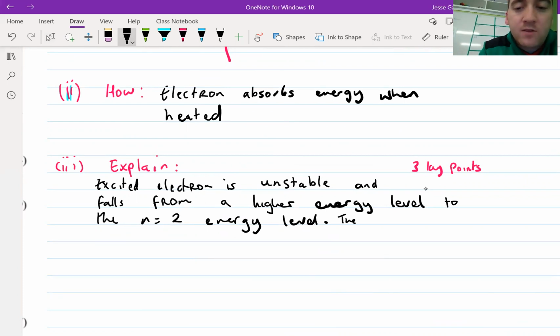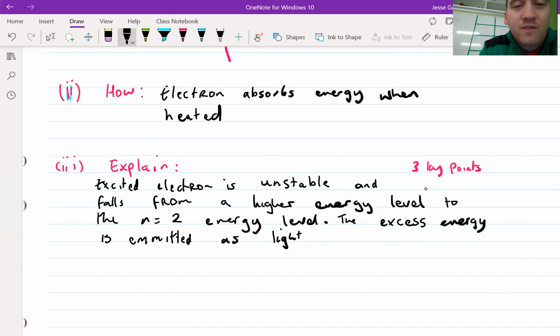Well, the excess energy, the extra energy that these electrons had when they were up higher, is emitted as light. Light is specific colors or frequencies. So light of specific colors. A better way of saying color is frequency.